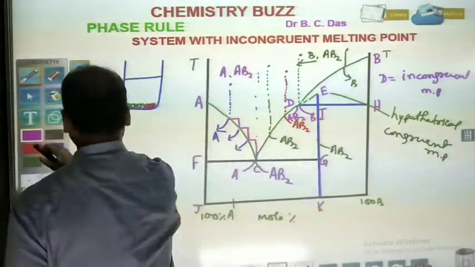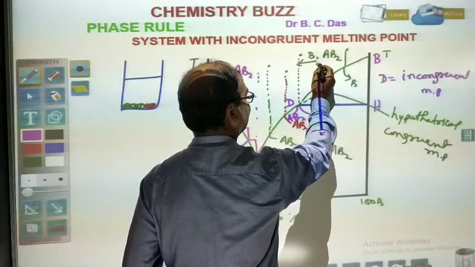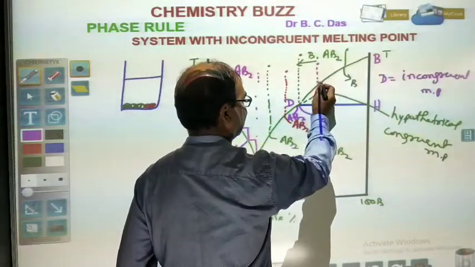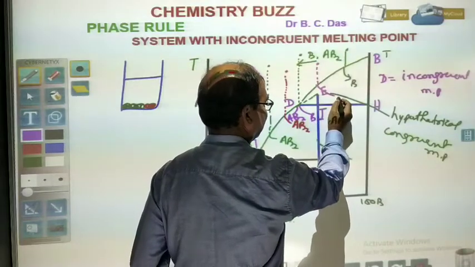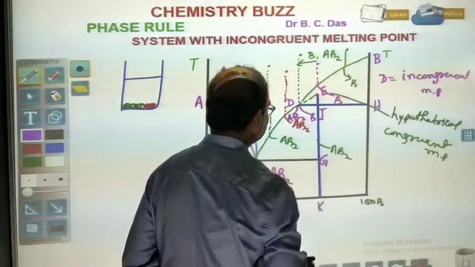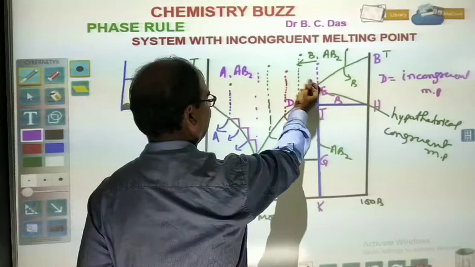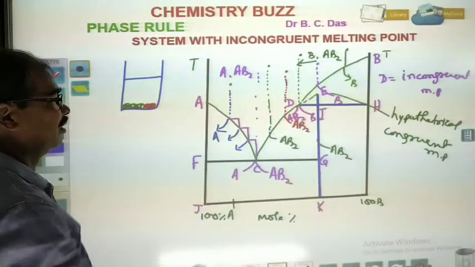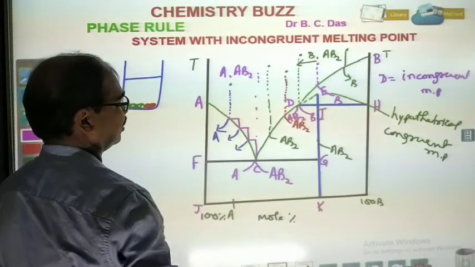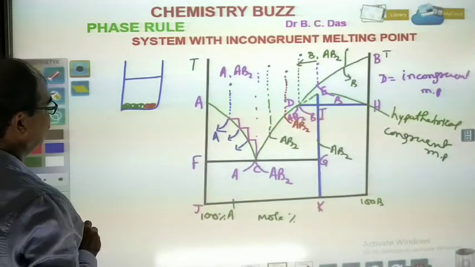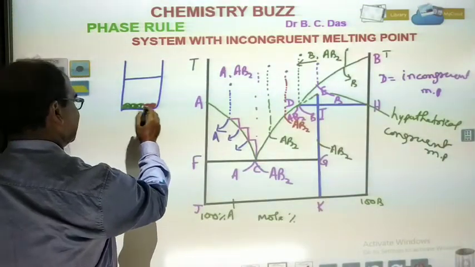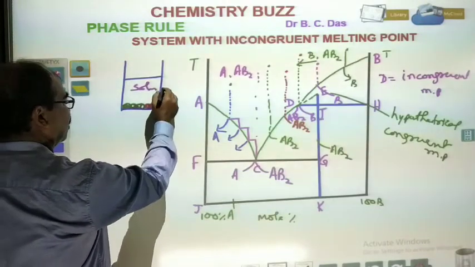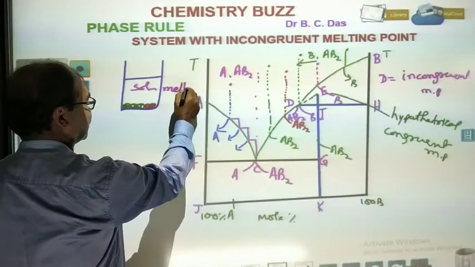If you take another point, corresponding to here, and cool it, then solid B will separate and be in equilibrium with the melt, which contains B and AB2. So this solid is in equilibrium with the solution, or we can say the melt.